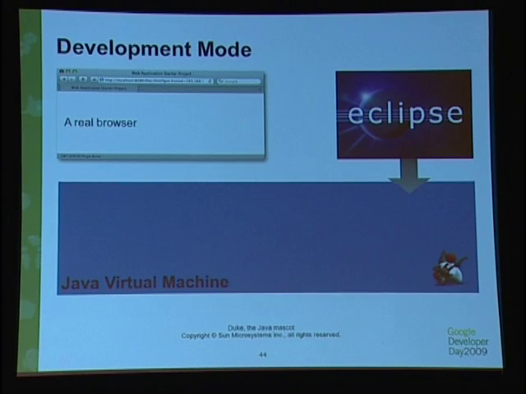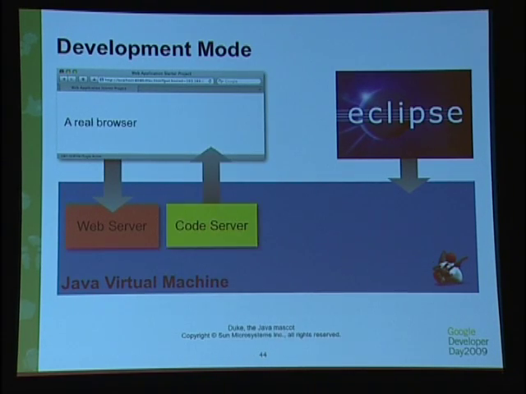So you get all the Java tooling, you get all the integration with Eclipse. And inside the JVM, we launch a web server. This is just a regular web server that can serve HTML, CSS, and JavaScript files and other images. We also launch a code server. This is a special server that can take Java code and serve it to the browser so that it can run JavaScript.